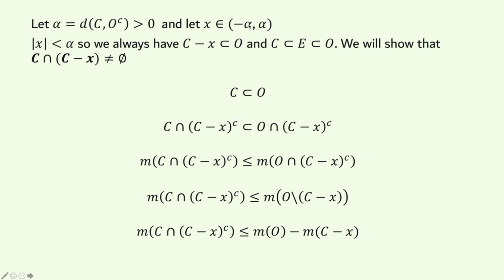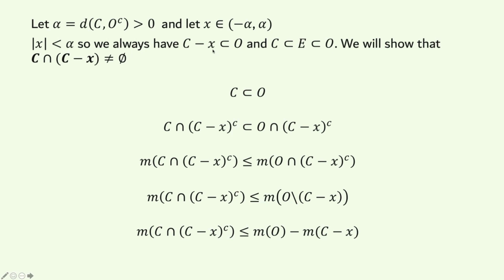So x being in (-alpha, alpha) means that the absolute value of x, or the modulus of x, is strictly smaller than alpha. And so we always have that C minus x, the set, is included in O, and that obviously E is sandwiched between C and O. Now this is obvious. The reason for C minus x to be inside of O is also intuitive if you think about it.